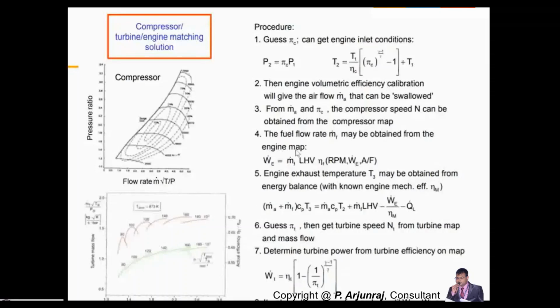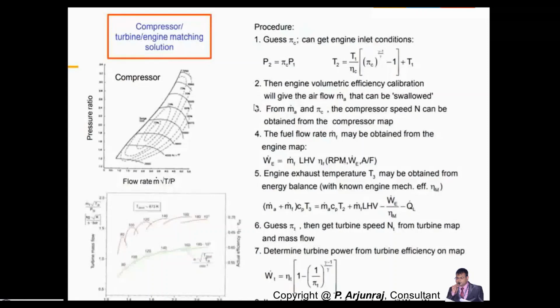So here there is a big procedure. First, you need to consider the engine inlet conditions. Then you need to consider the engine volumetric efficiency. The volumetric efficiency deals with the mass flow rate of the air. The higher the mass flow rate, the higher the volumetric efficiency.